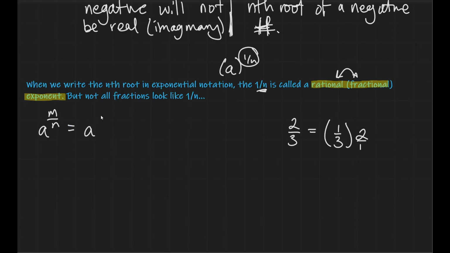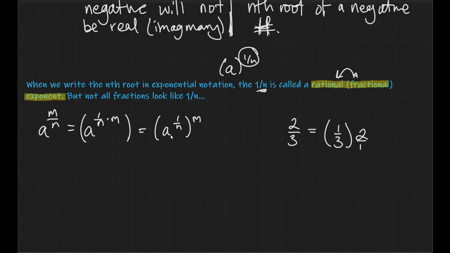I keep the a, but I write it as 1 over n times m. Oh, and there's an exponent property that says whenever I have multiplication of exponents, I can do it as a to the 1 over n raised to the power of m, right? Because this says multiply the exponents, okay?